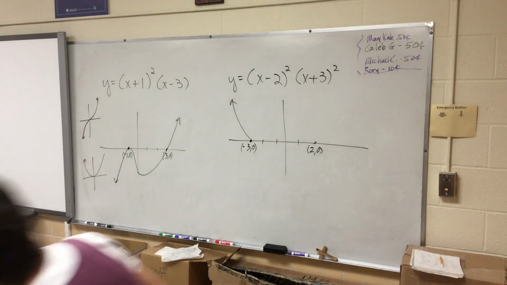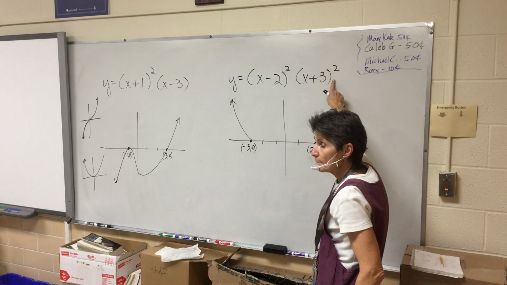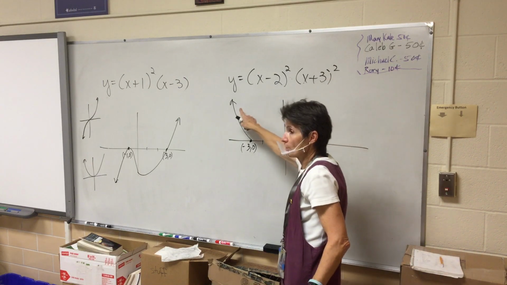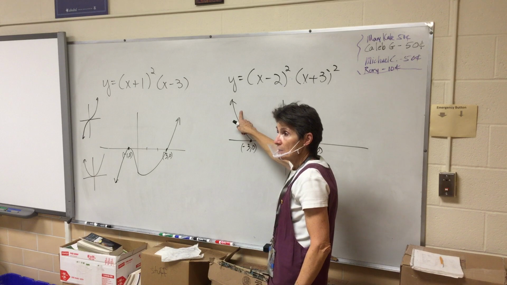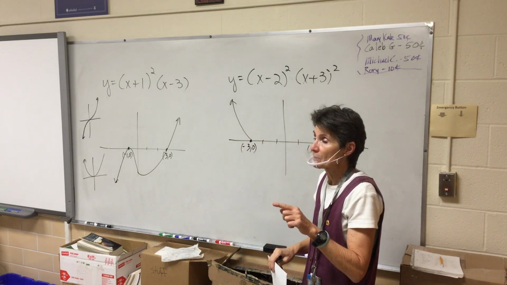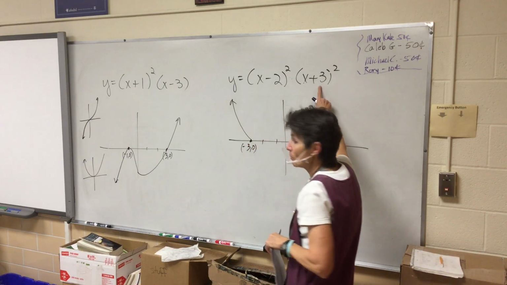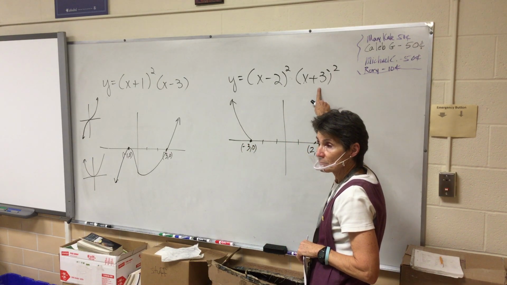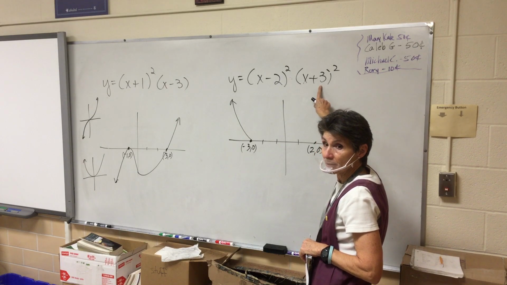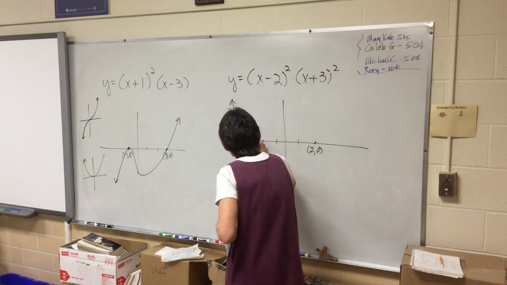So I look at my problem, I see I'm going to have x to the fourth, so I know I'm going to start up. Now when I hit this dot, I have two choices. I can either go through it, or I can bounce off of it. Well, that dot came from this factor. The -3 came from here. That's squared, which means I'm going to bounce off.